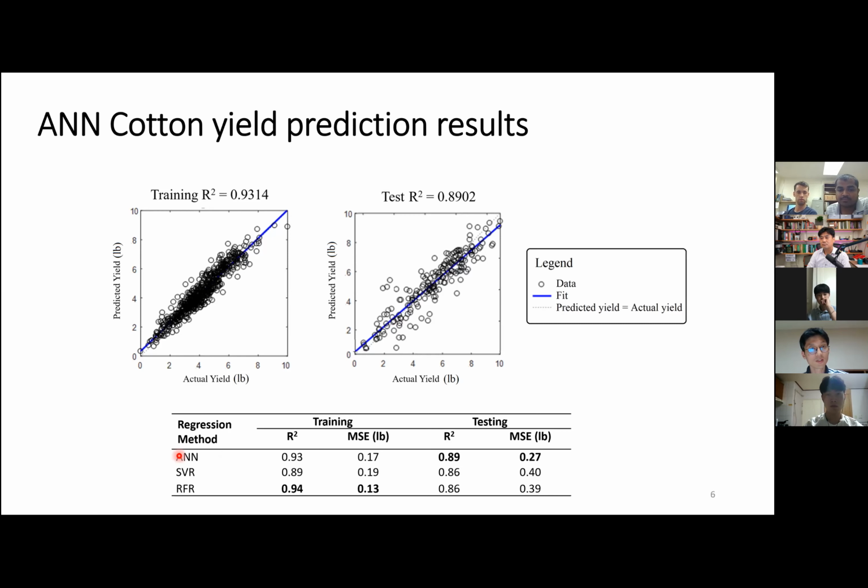Very high correlation. We also compared our results with support vector regression and random forest regression. We noticed that both of them performed not as well as the artificial neural network, but they also had pretty high R-square for the test set.